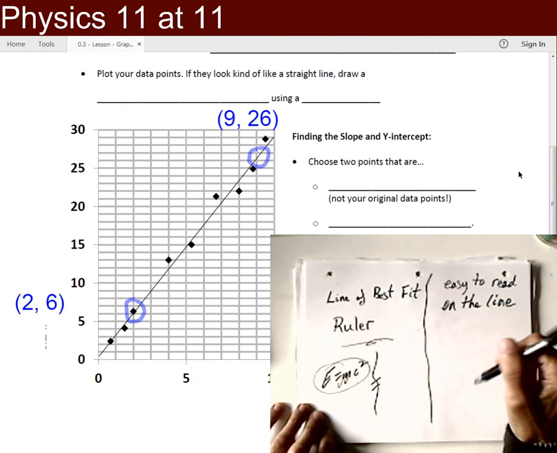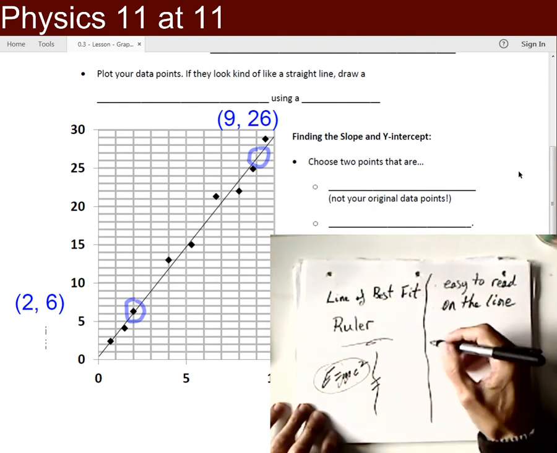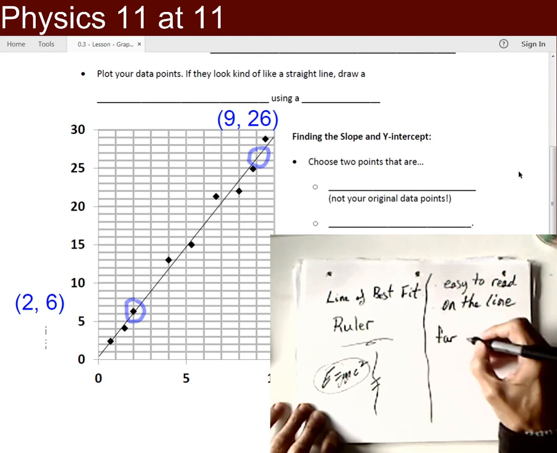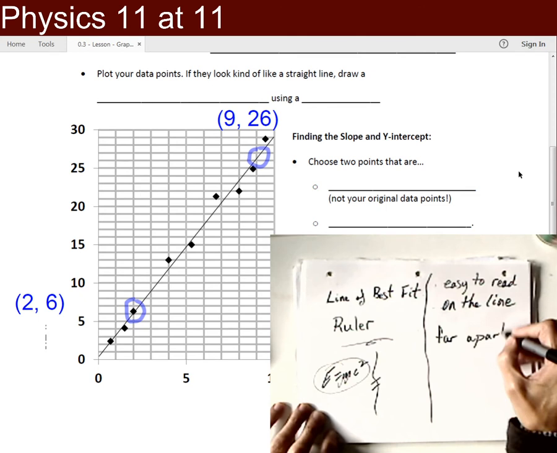The last step, last blank, it says, as far apart as possible, because that just helps you get an accurate reading for the slope. But as I said, we're doing it by hand, so do the best that you can.